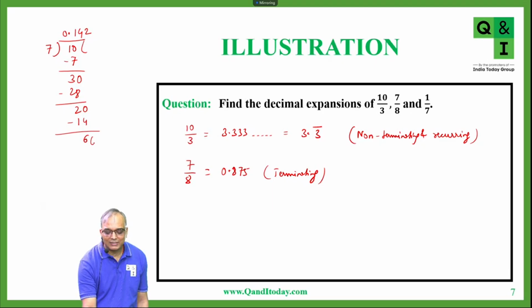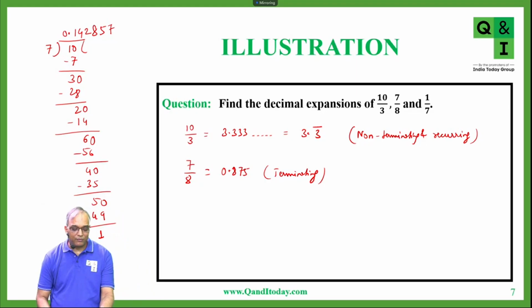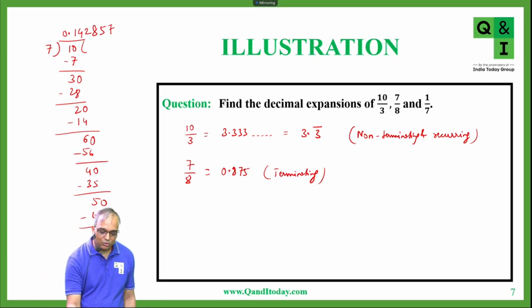So you have 6. 7 times 8 is 56. 40. 7 times 5 is 35. You have 50. 7 times 7 is 49. Now you have got 1. So once you have got 1, you will put 0 here.